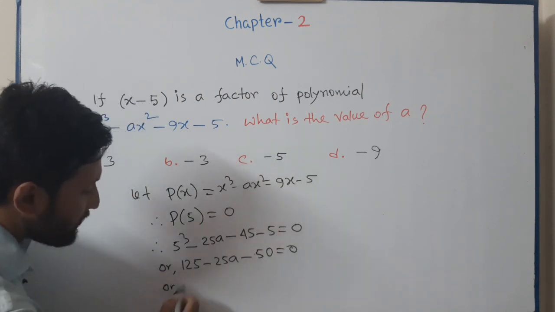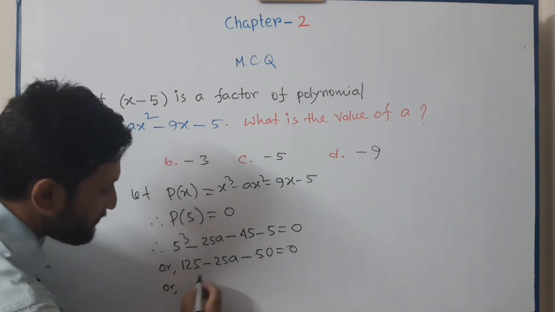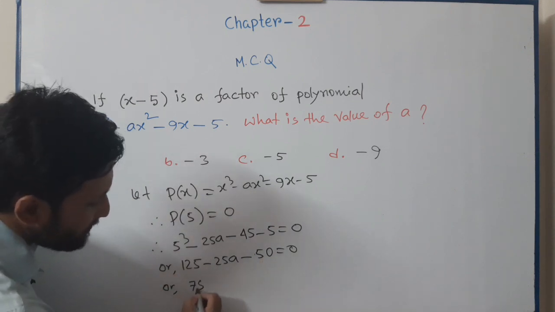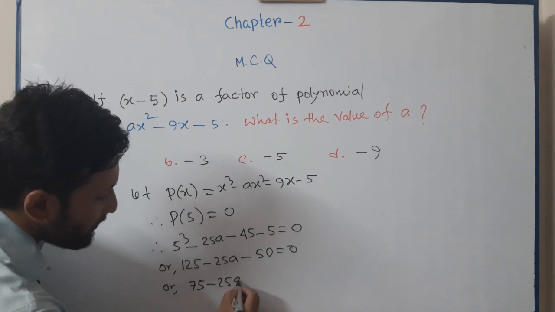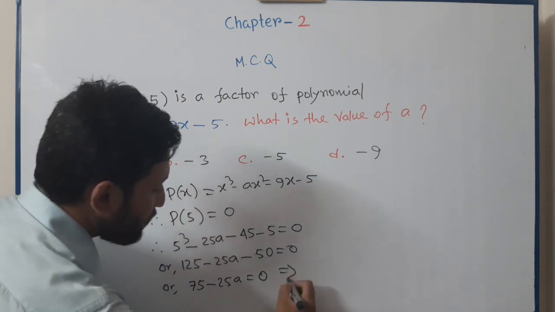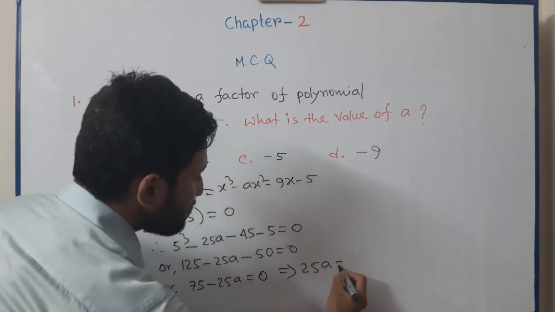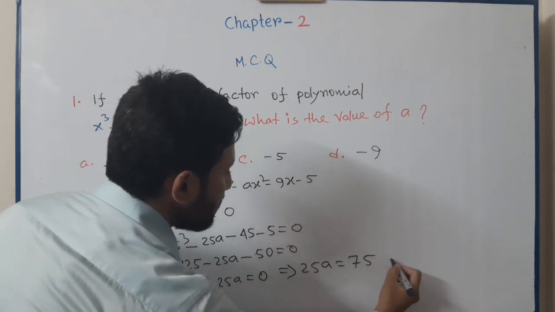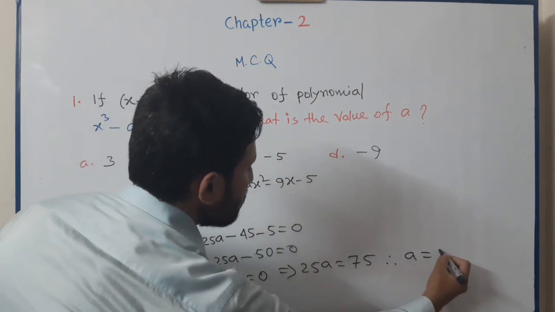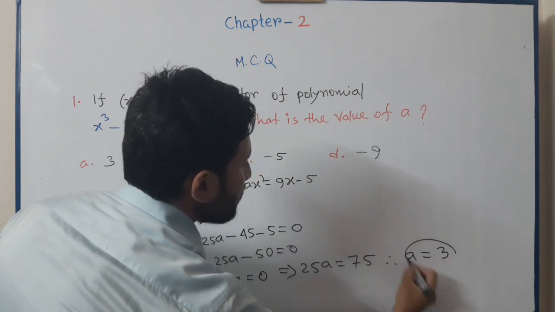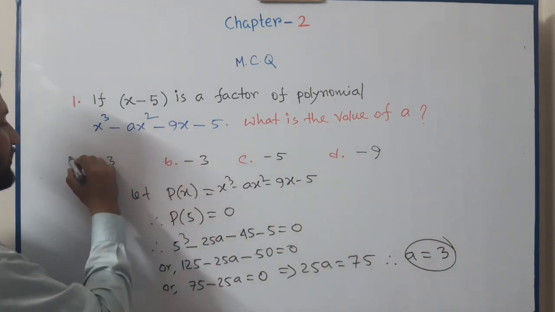So 125 minus 50, that means 75, minus 25a equal to 0. Therefore 25a equal to 75, that means a equal to 3. Therefore our required answer is 3.